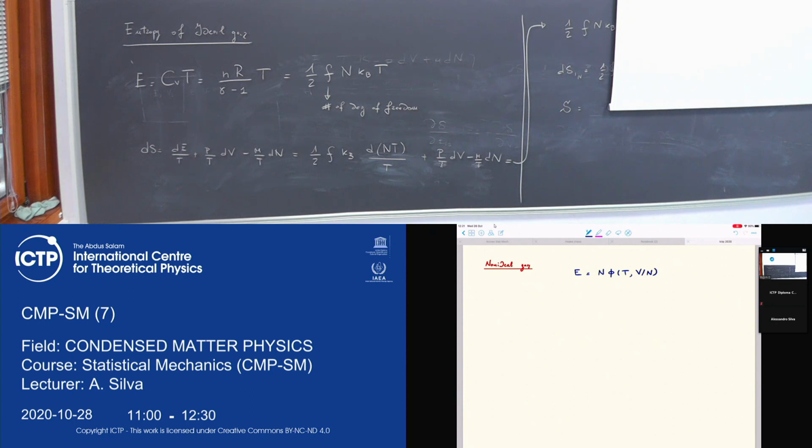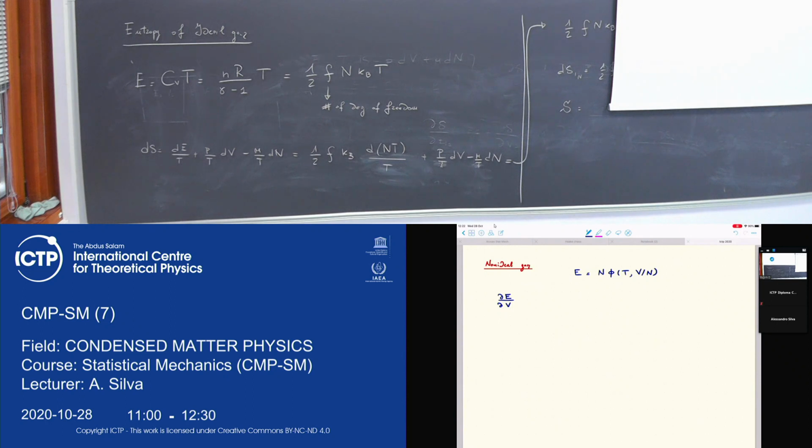All right, so now, look at the following. How is the energy in general varying with the volume? Well, for the ideal gas, we know that there is no variation of internal energy with the volume, right? Internal energy depends only on temperature, not on the volume.